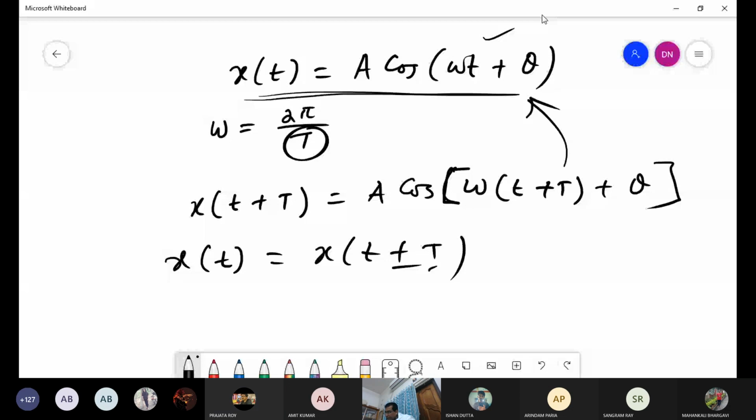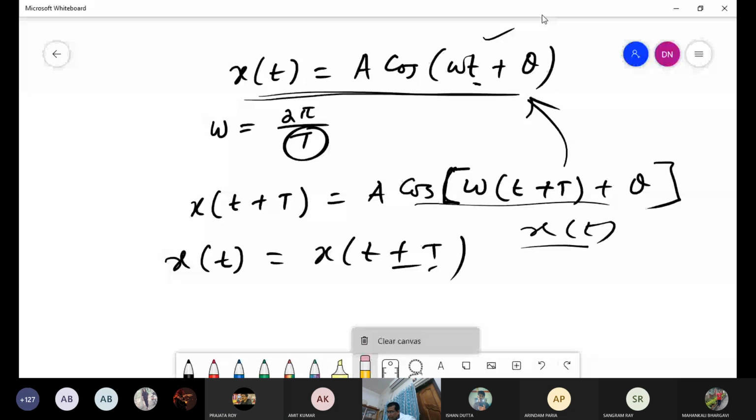So you check whether this will give you x(t) or not. If you get that this value is equal to x(t), then you can write that x(t) is equal to x(t plus capital T), so it will be periodic. So in this way you can prove whether a signal is periodic or not periodic, in case of an analog signal.